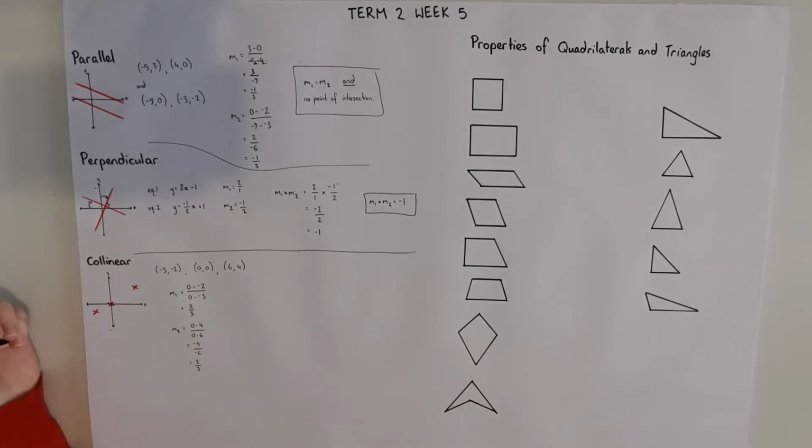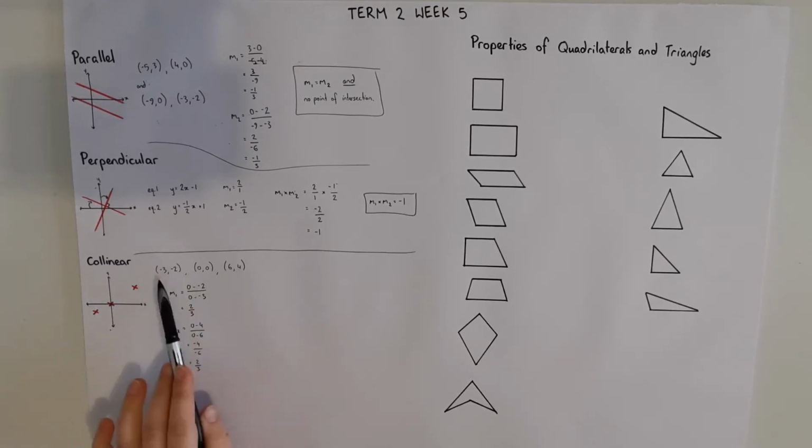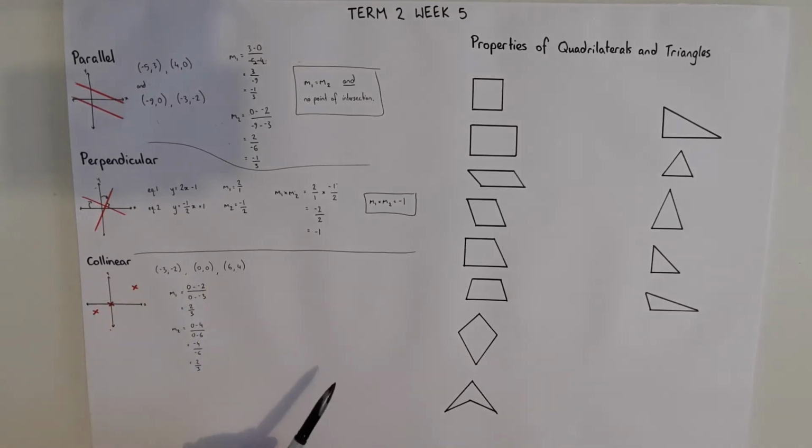You can see there from my calculation, of course, -4 over -6 simplifies to 2/3 again. Those negatives cancel out. Hopefully you've tried your third combination here, from the first to the third points, and you've found that the gradient is still 2/3.